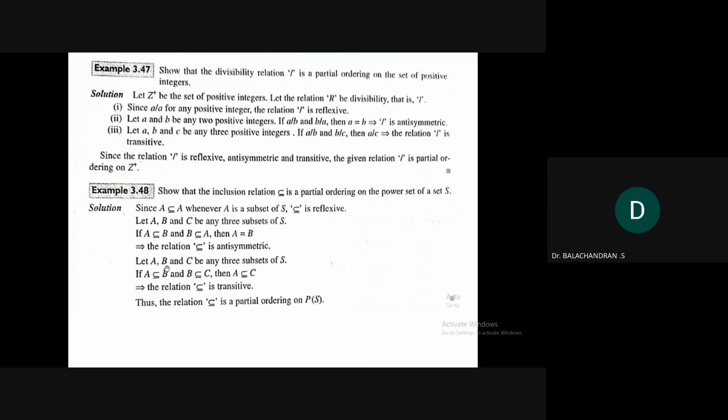A, B, C are any three subsets of S. A is a subset of B and B is a subset of C. That is, A related to B and B related to C implies A related to C. A is a subset of C. And hence the set inclusion is transitive. And hence the relation set inclusion is a partial ordering on the power set P(S), the power set of S.